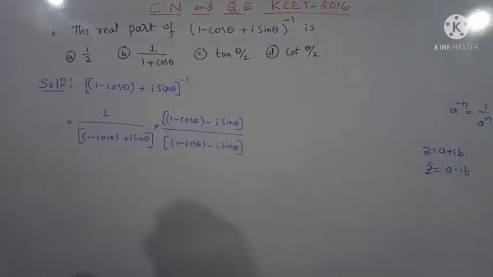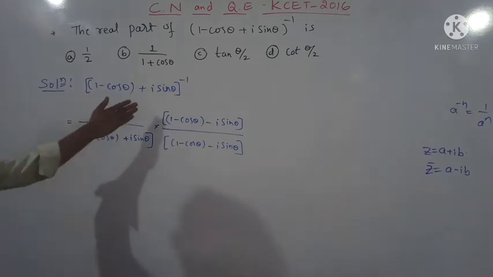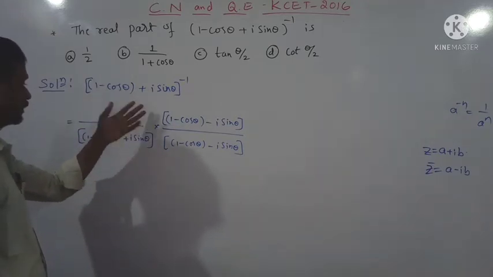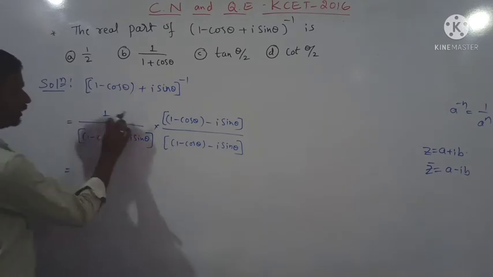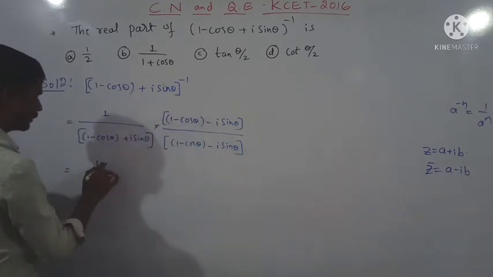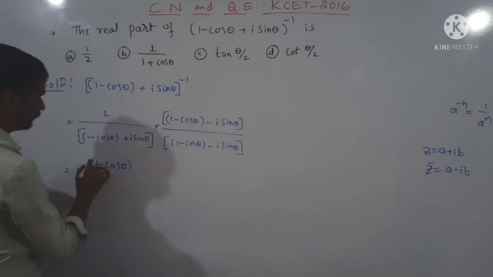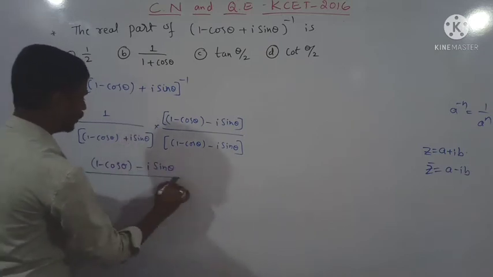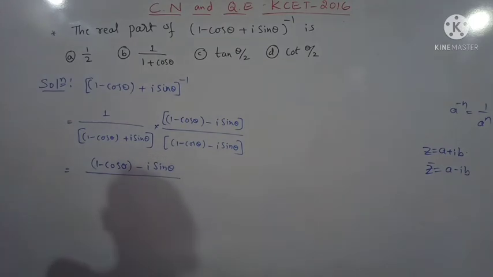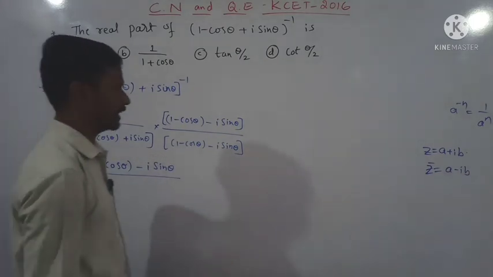Taking the conjugate, 1 minus cos theta minus I sin theta, we multiply both numerator and denominator. This is equal to 1 into the whole term as it is, 1 minus cos theta minus I sin theta. In the denominator, usually we observe this will be in the form of a plus b into a minus b.